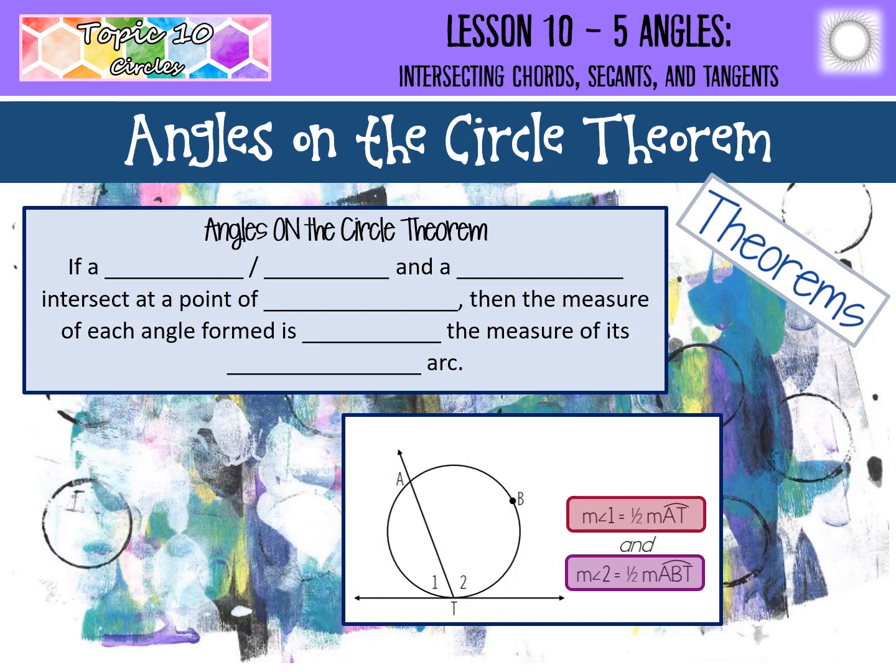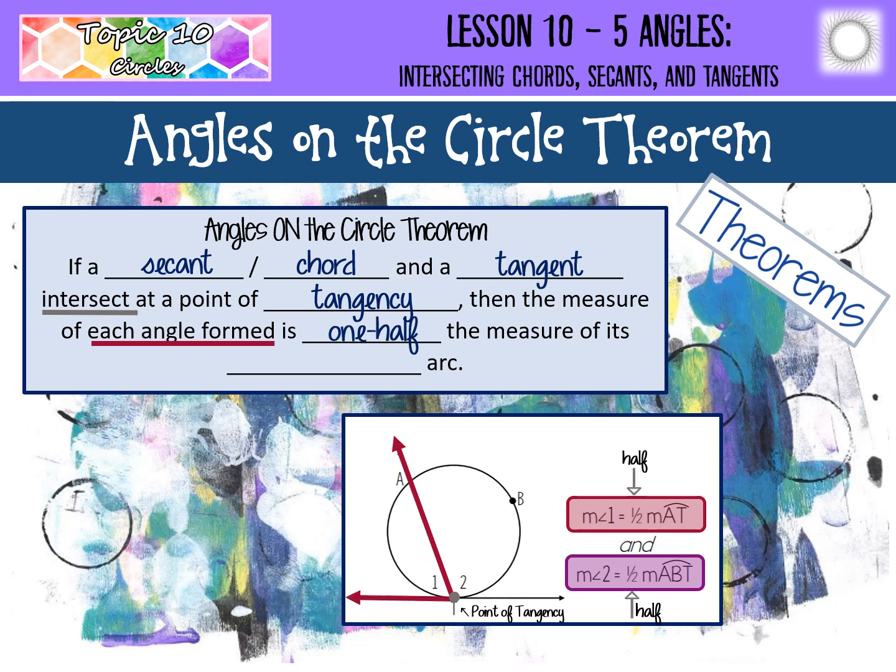Angles on the circle theorem. If a secant or chord and a tangent intersect at a point of tangency C, then the measure of each angle formed is 1/2 the measure of its intercepted arc.